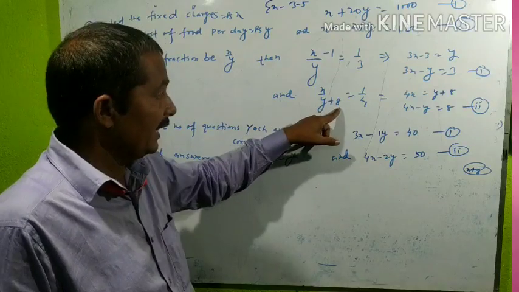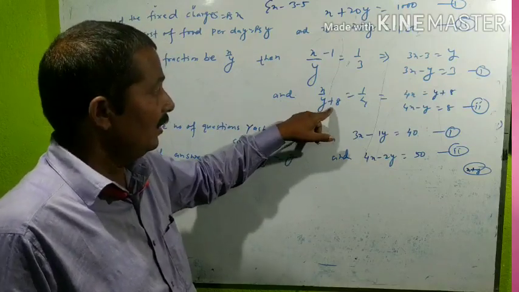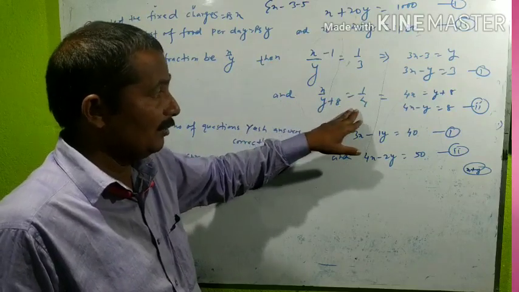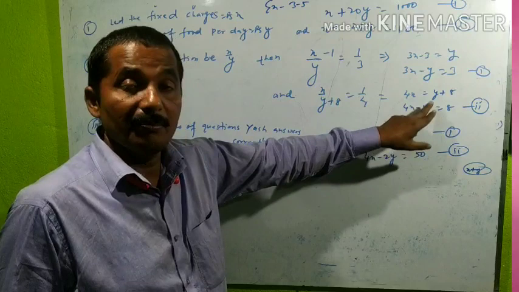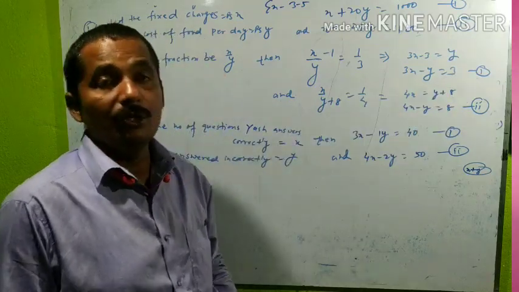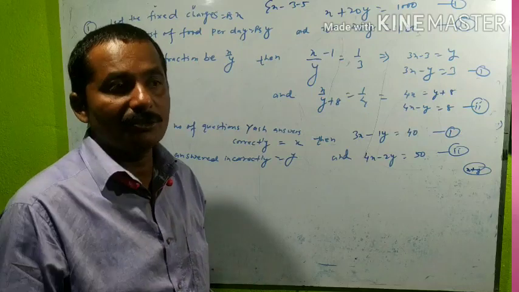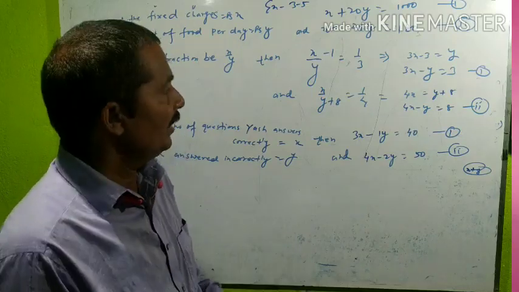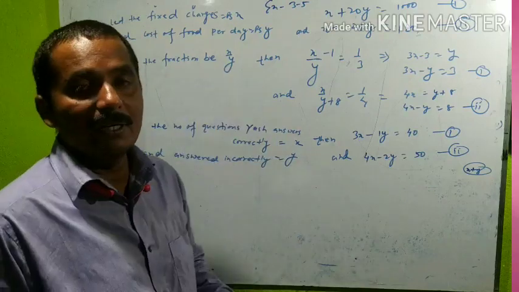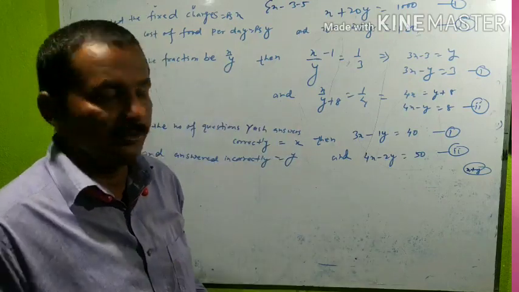Y. 8 has been added here, Y plus 8. X by Y plus 8 is equal to 1 by 4. I have done cross multiplication, and this is equation number 2. You will solve the first and second equations by any of the three methods you have studied earlier, and then you will put the values of X and Y here, and you will get the required fraction.